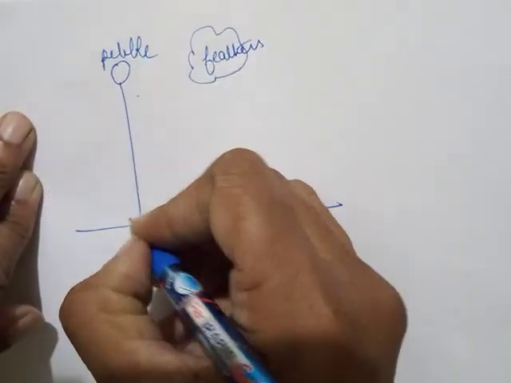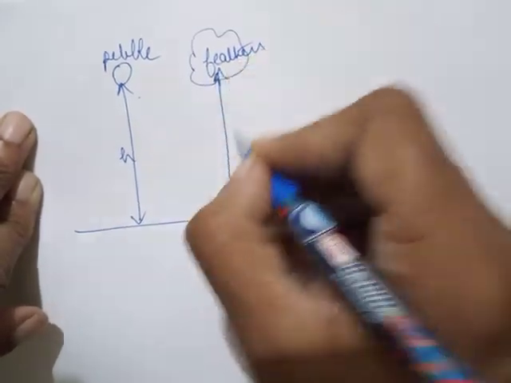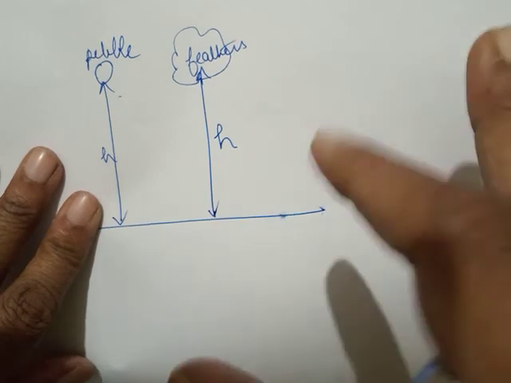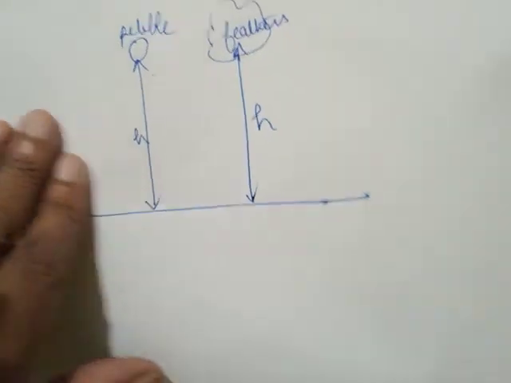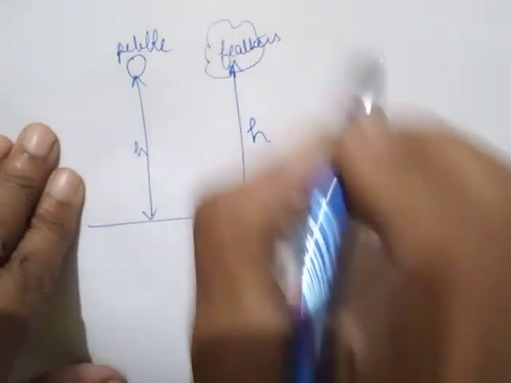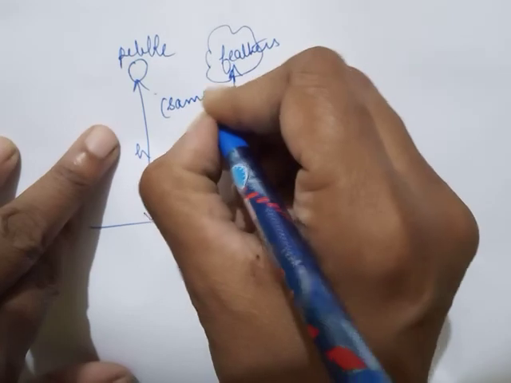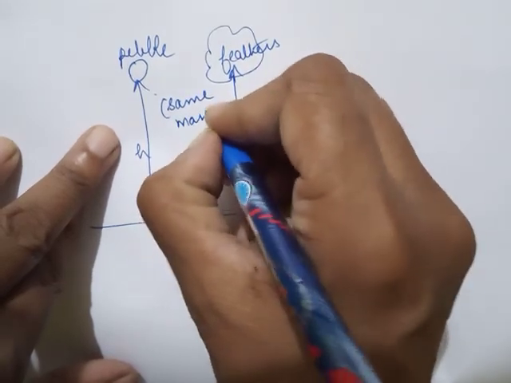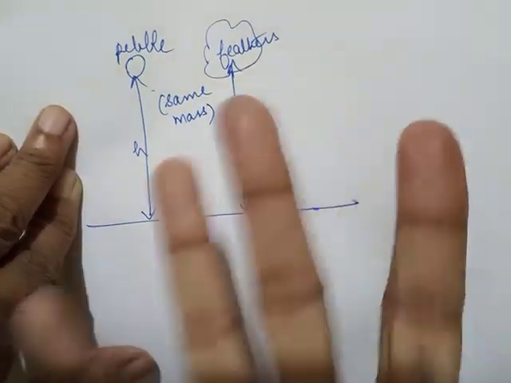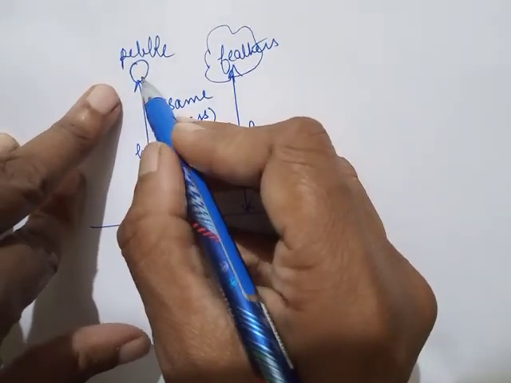Both are at the same height h above ground. In one hand you're dropping a pebble, and in the other hand you're dropping a feather. Which one do you think will reach the ground first? And another thing is given, both are of the same mass.